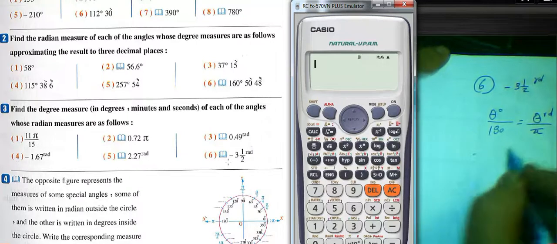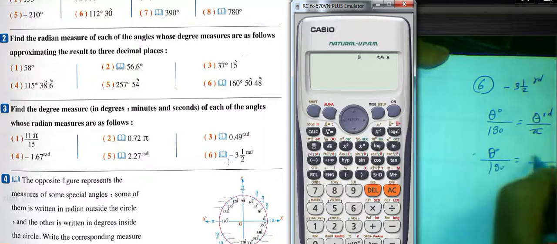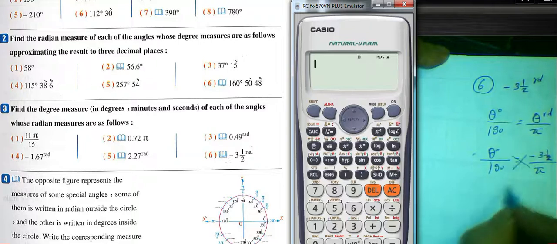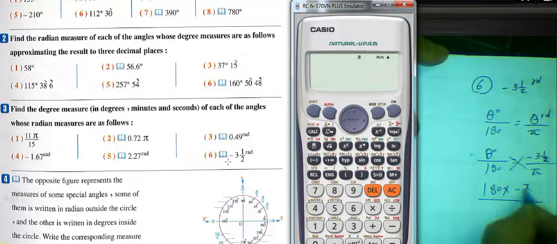Theta degree over 180 equals negative 3.5 over pi. Multiply 180 by negative 3.5, it will be 7 over 2 over pi.